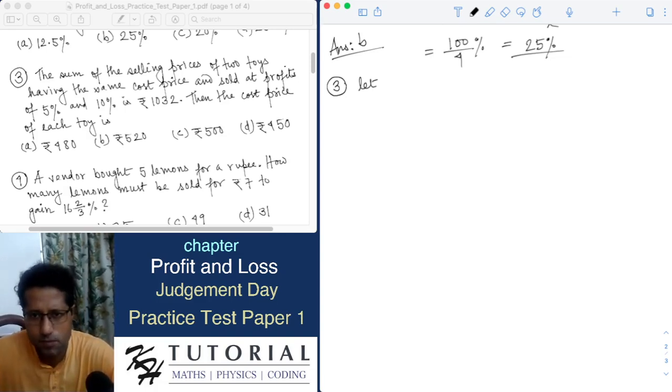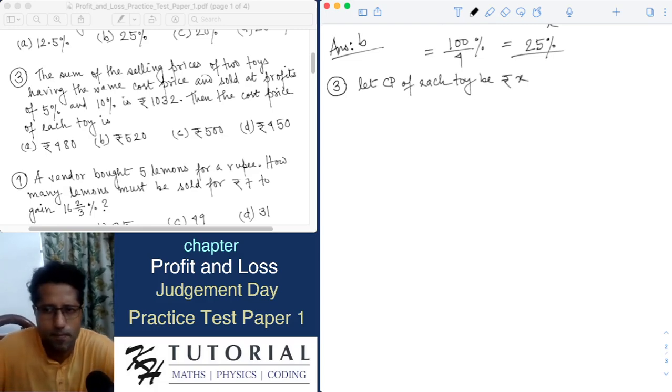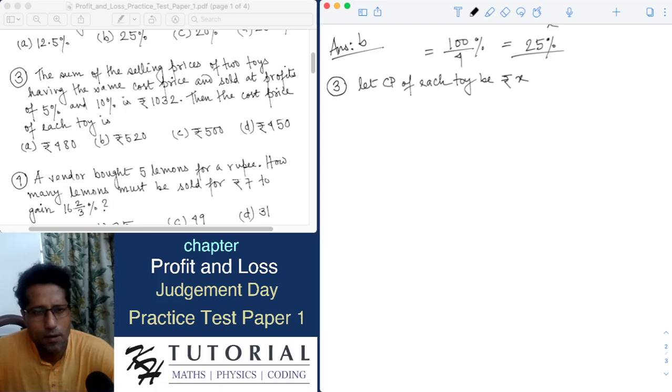So let cost price of each toy be rupees X. Now it is saying that one toy was sold at a profit of 5% and another toy was sold at a profit of 10%.